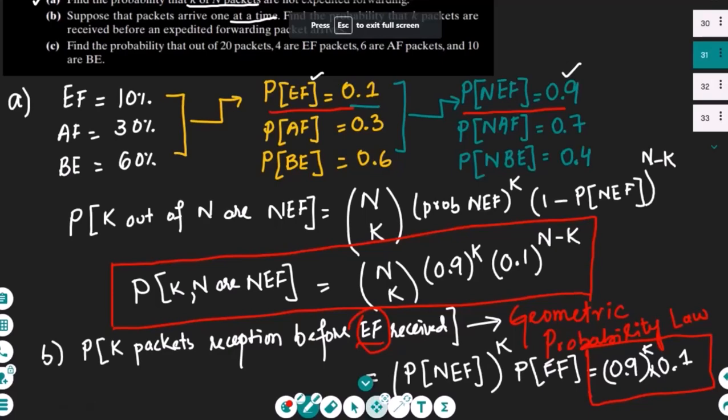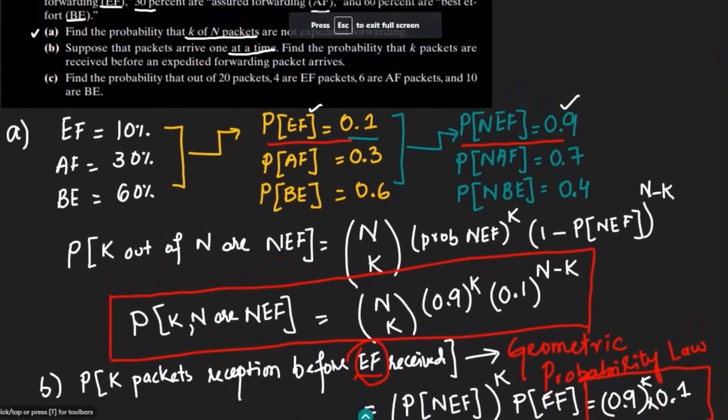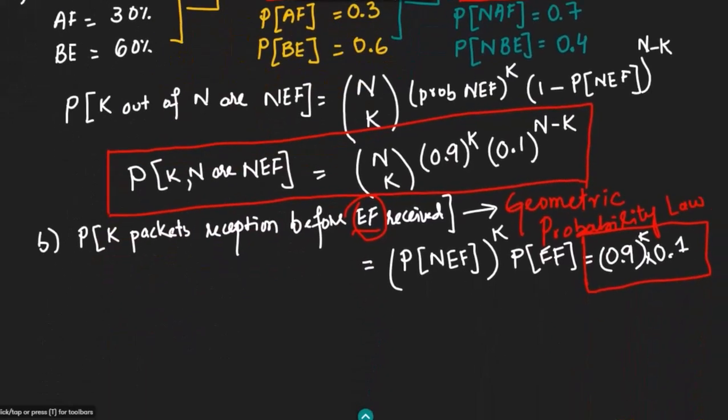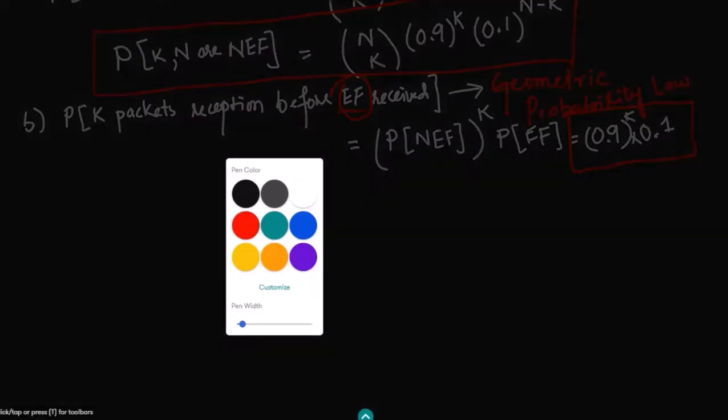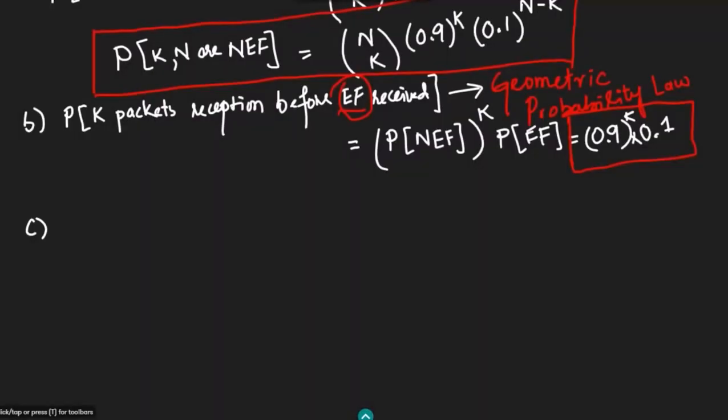Similarly, now part C here: find the probability that out of 20 packets, 4 are EF packets, 6 are AF packets, and 10 are BE packets. Okay, so out of 20 packets, let me write the data here. So total number of packets are 20.